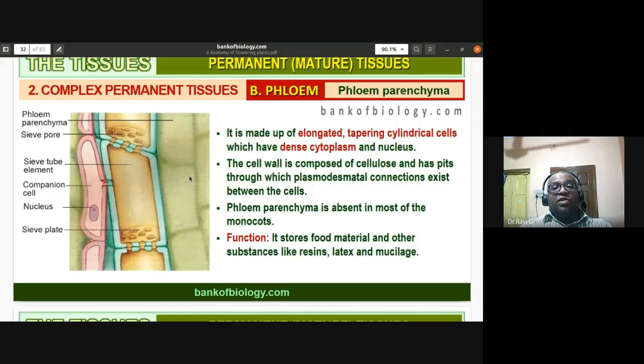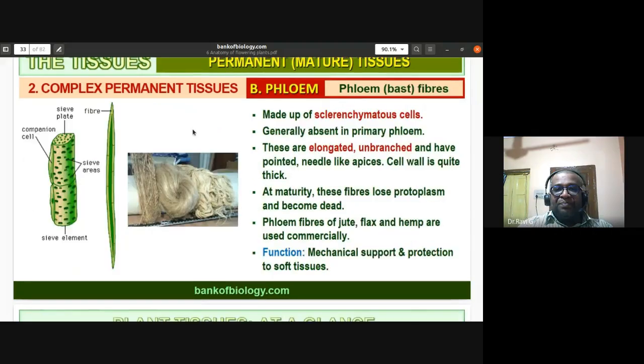So phloem parenchyma is absent in most of the monocotyledonous plants. And the function of phloem parenchyma is it stores the food material and other substances like resins, latex, and mucilage. That is the role of phloem parenchyma.